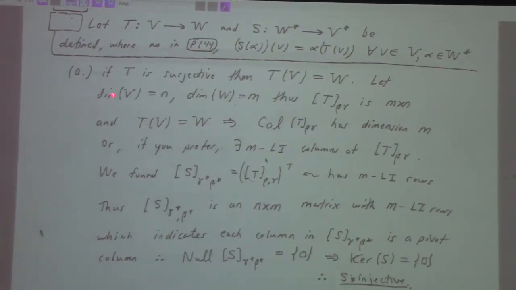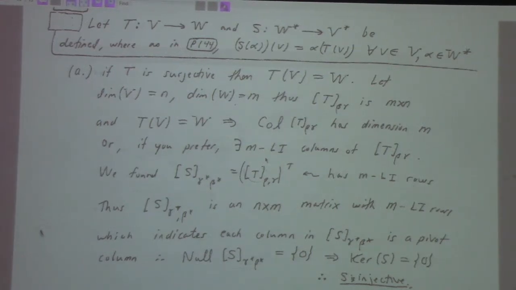So we have T is surjective. That means its matrix has rank m, right? If T is surjective, it hits everything in W, which is to say that its matrix has no row of zeros, which is to say that it's full rank.